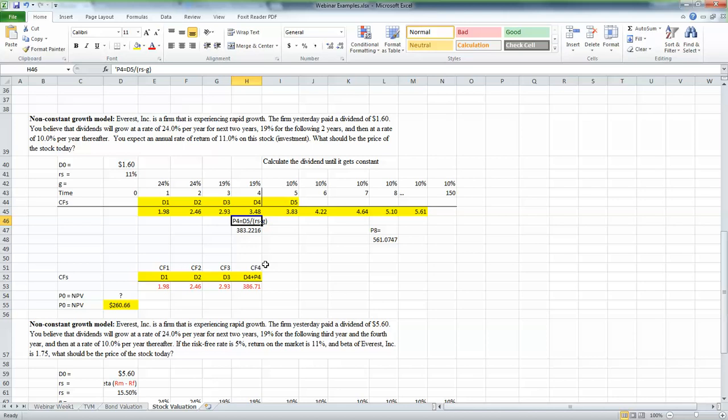Basically you are using 2017 free cash flow. There are two models. One is the stock valuation model, the other one is the corporate valuation model. So this one you find the stock value, the other one you find the value of a company. That's basically the same thing. So this P4 here is the same as the horizon value.